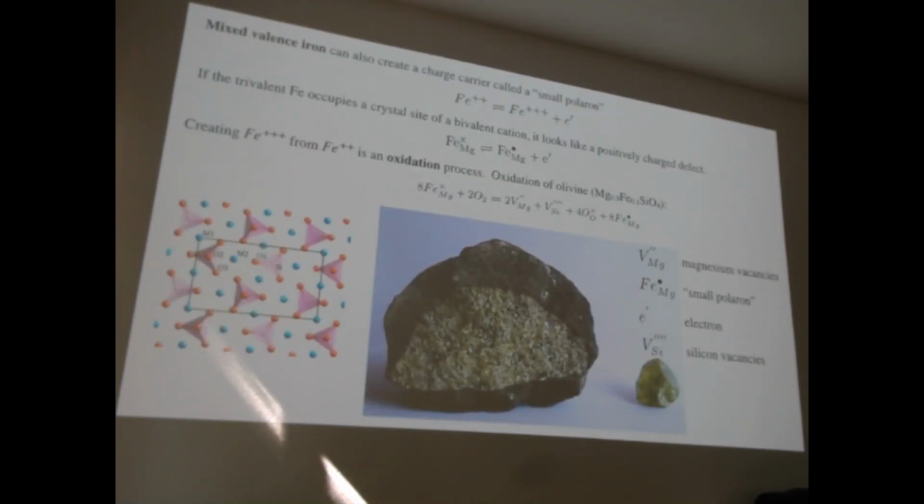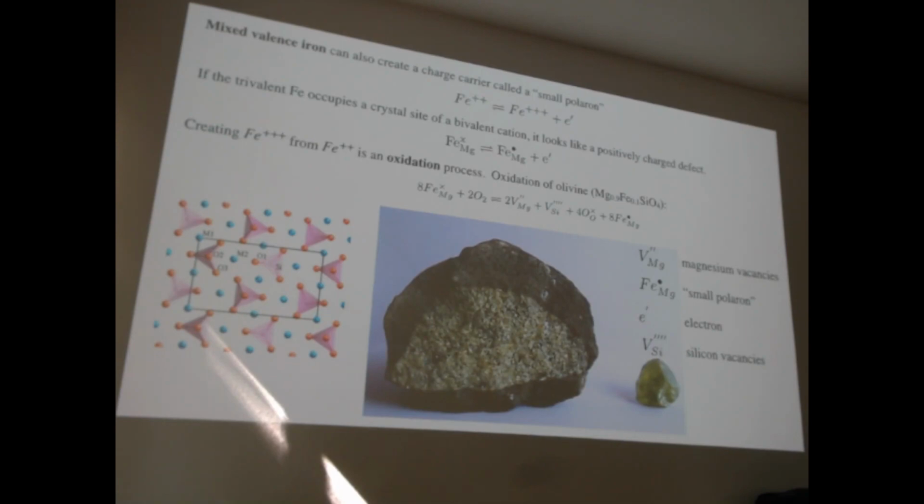So this is olivine, lovely green thing. It's an iron magnesium silicate. It's mostly magnesium and silicate tetrahedra. But every now and then, in the mantle, about 10% of the magnesium is replaced by Fe2+.